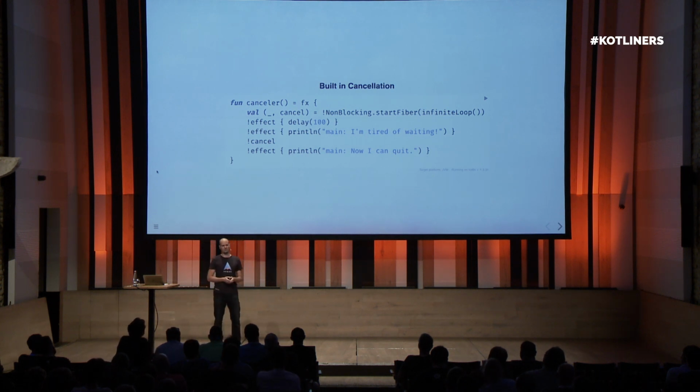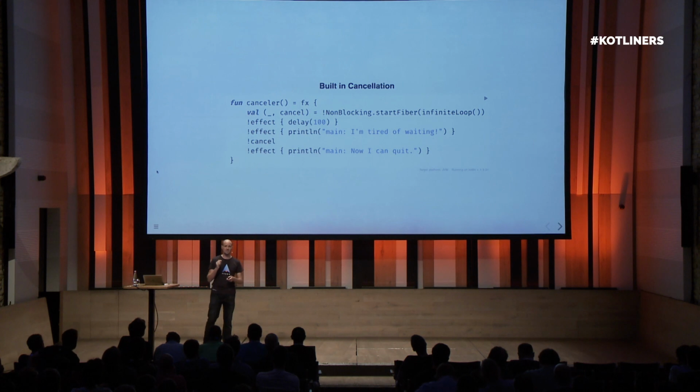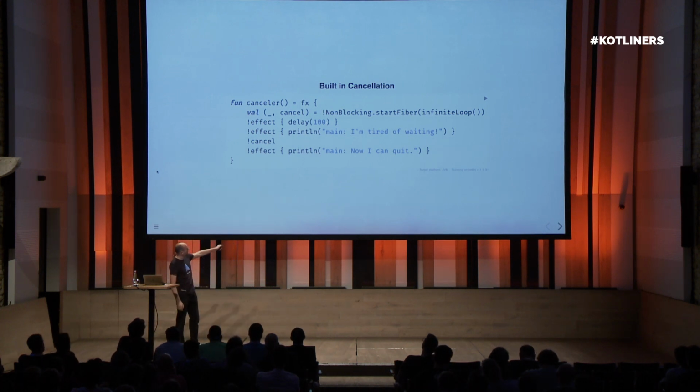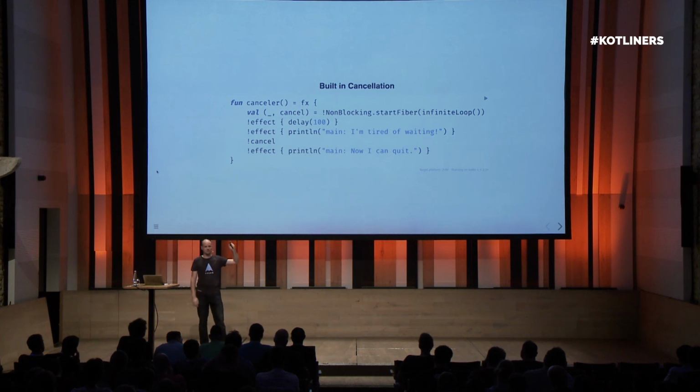Cancellation is probably one of the most complex problems in concurrency. And we try to provide that out of the box with a single approach for all the cases, right? So for cancellation, we decide to spawn or start a fiber over a non-blocking context. And we run this infinite loop that is printing to console on every iteration, okay?